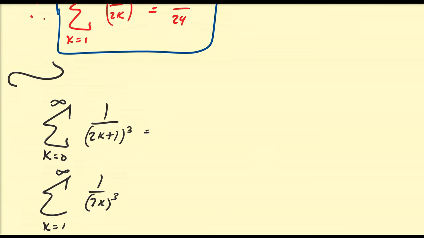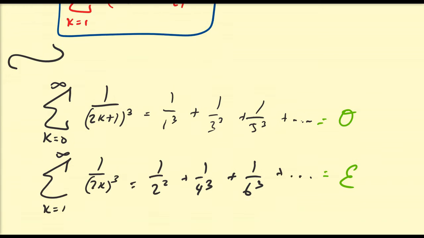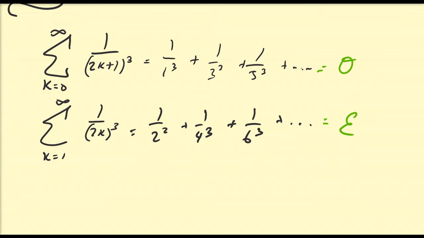So when k is equal to 0, we have 1 over 1 cubed plus 1 over 3 cubed plus 1 over 5 cubed, and so on. And this similarly is going to be 1 over 2 cubed plus 1 over 4 cubed plus 1 over 6 cubed, and so on. Again, I'm going to call this O and this E, since they represent the odd and even terms.